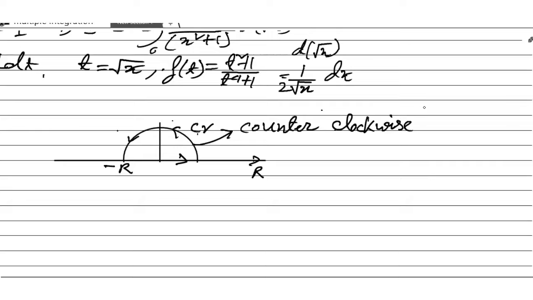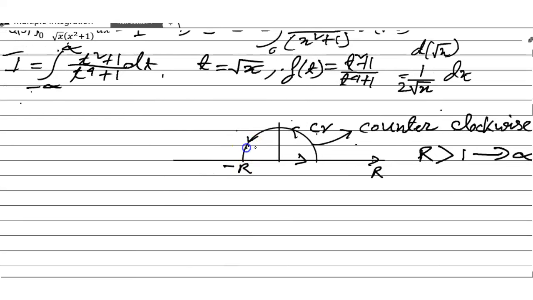So using the above contour C gamma plus CR, counterclockwise direction, and capital R greater than 1 tends to infinity. So friends, Z1 and Z2 are the two poles. So Z1 can be written this way: (1 plus i) divided by root 2, and Z2 can be written (1 minus i) divided by root 2. Okay friends, I hope it is clear.